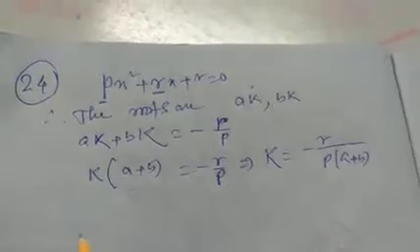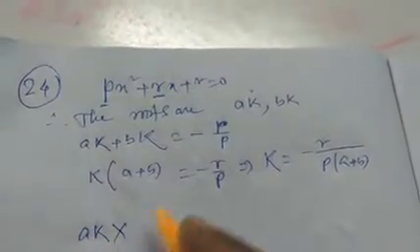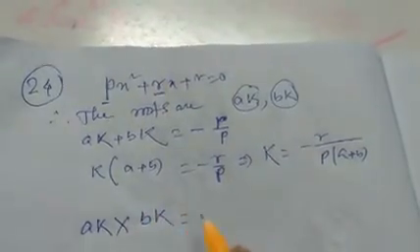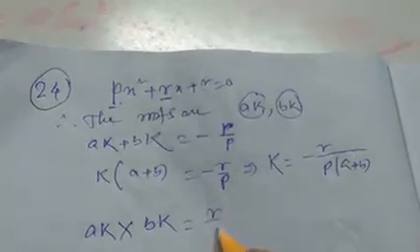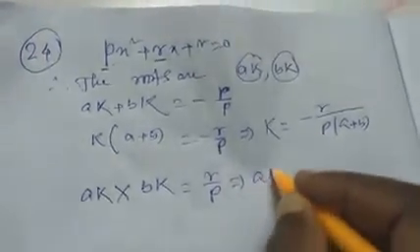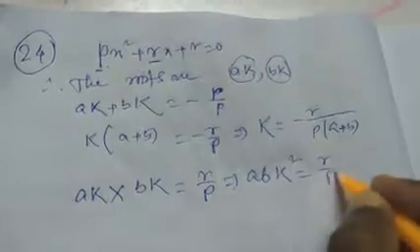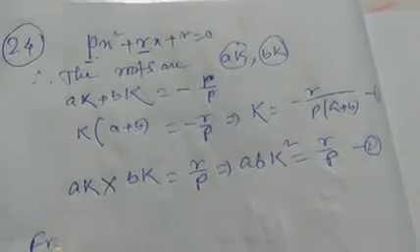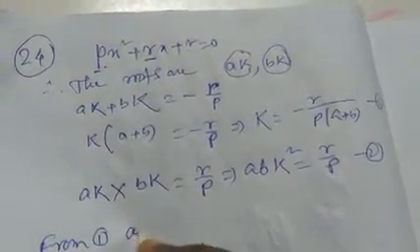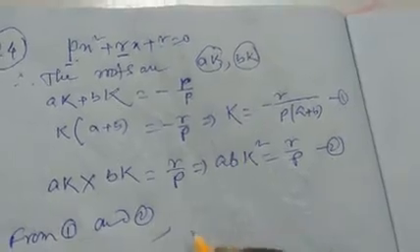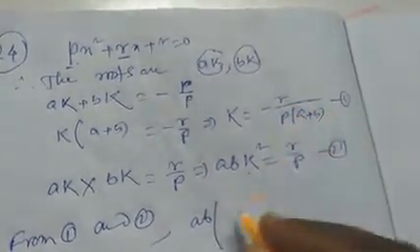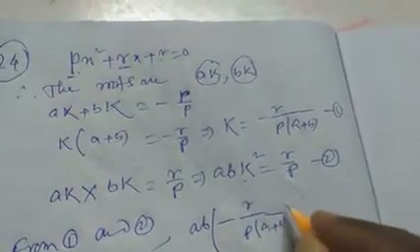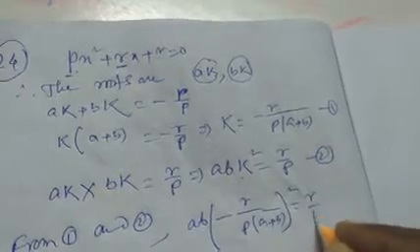Okay, and now see here the product of the two roots, that is the roots ak and bk, ak into bk, that will be c by a, that is r by p. This implies that abk square is equal to r by p. From 1 and 2, then we got the answer: ab times q by p into (a plus b), this whole square, is equal to r by p.